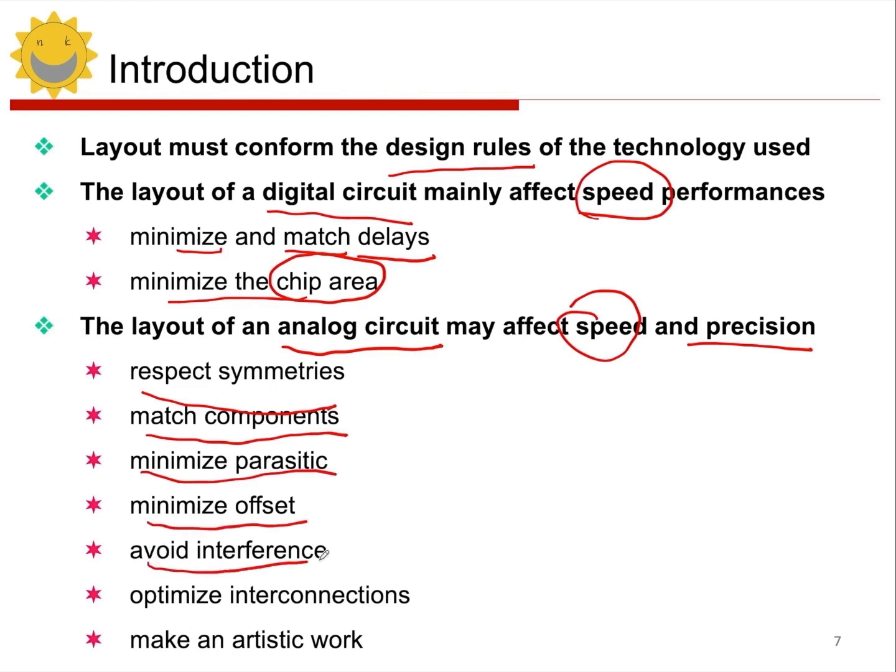Why is that? The reason is that when we draw the layout, we must pay attention to several issues, such as symmetry, device matching, reducing parasitics, minimizing offsets, and avoiding signal crosstalk. We also need to optimize the interconnections.